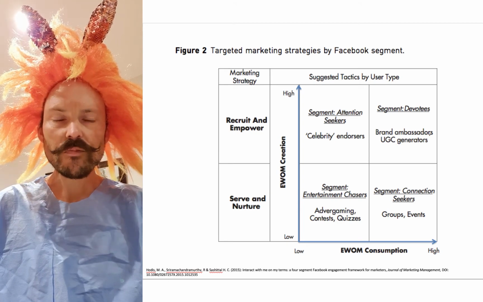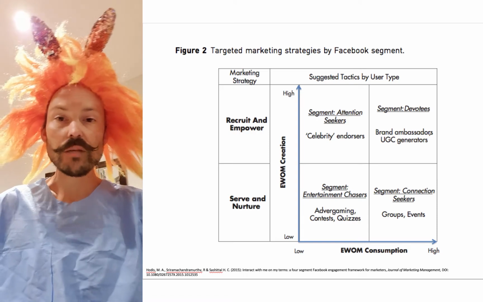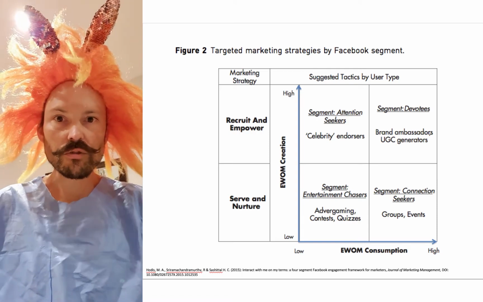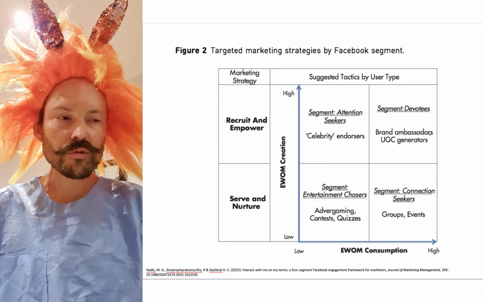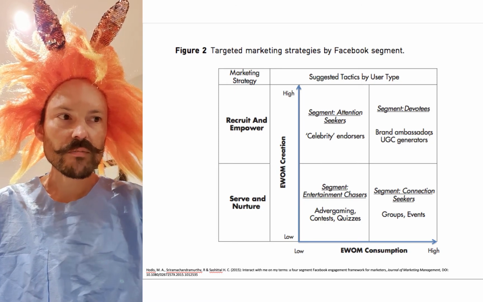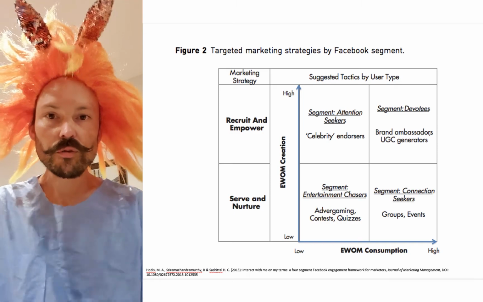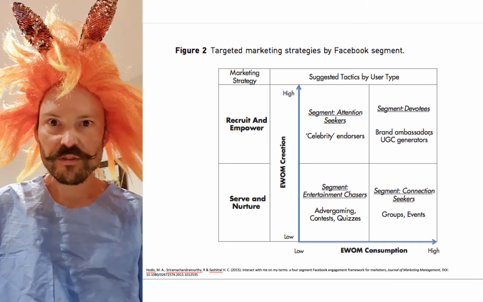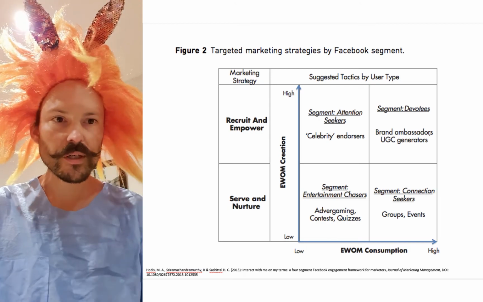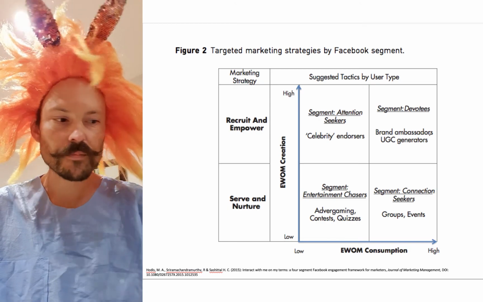So some people are not interested in entertainment, they're just looking for information, so that should also be taken into account there. While for connection seekers, they want to consume, so various types of groups, events, things they can participate in would be a good idea for those type of people.